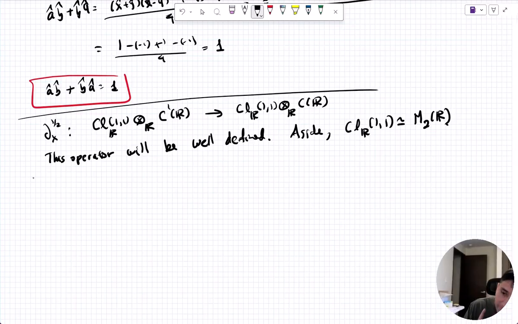Now we're going to define the square root operator of the derivative operator, right? So this is the definition: a tensor the identity on this, plus b tensor the derivative operator on this, basically.